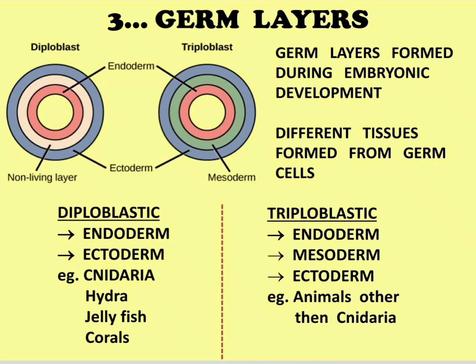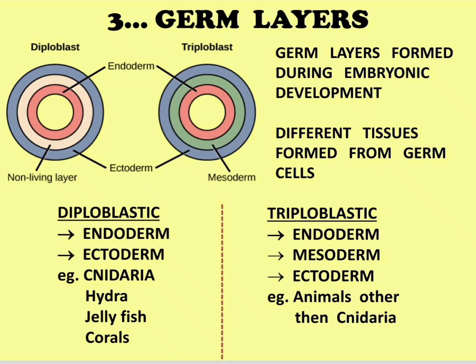It helps in the formation of different types of tissues. Okay, now these germ layers can be of two types. That is, in some animals only two types of germ layers are formed, which is endoderm and ectoderm. So those animals are called diploblastic animals.